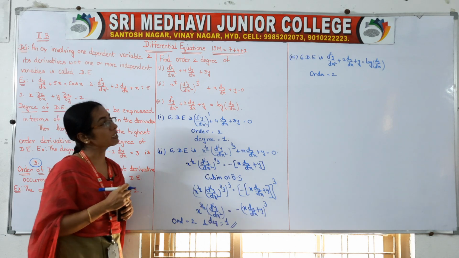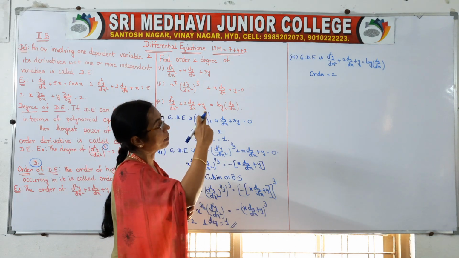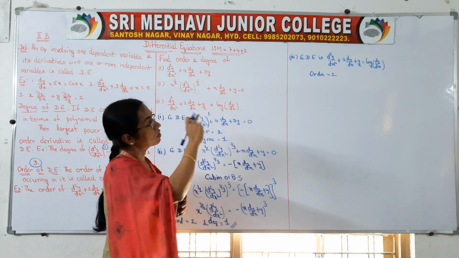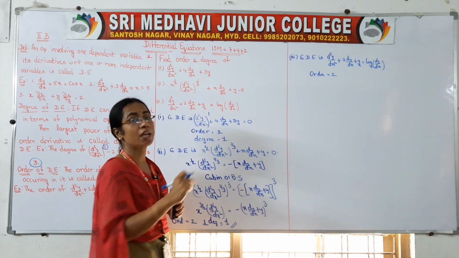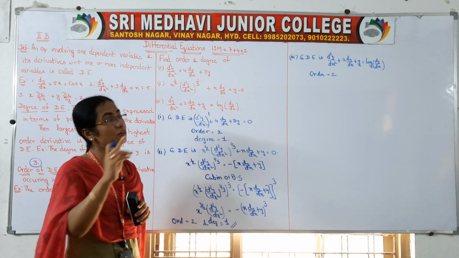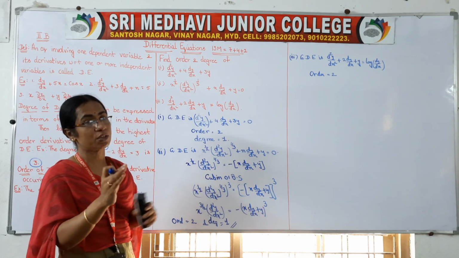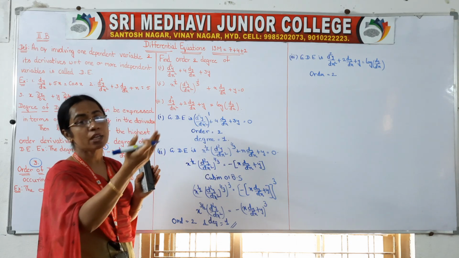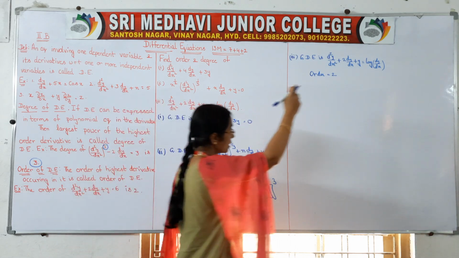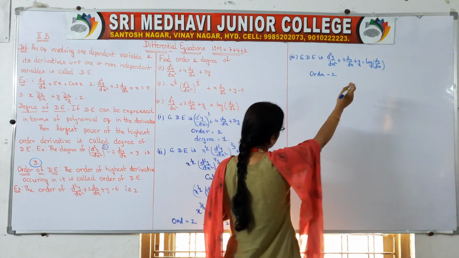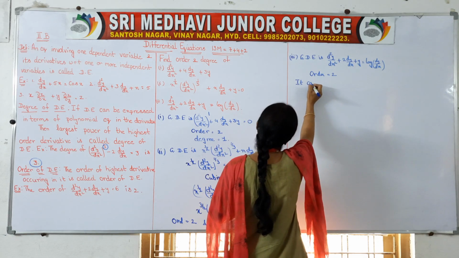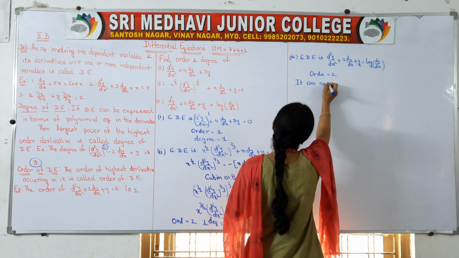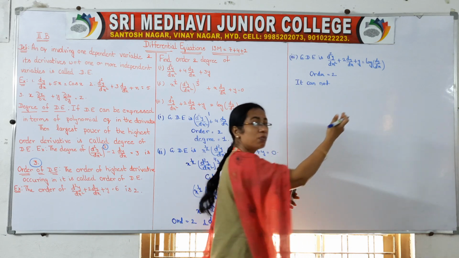Now observe this equation. This is okay, d square y by dx square, plus 2 dy by dx, plus y, but log of dy by dx. We should not have log of any value, just the derivative should have the power. That means it cannot be expressed that way. We cannot take a power for that.